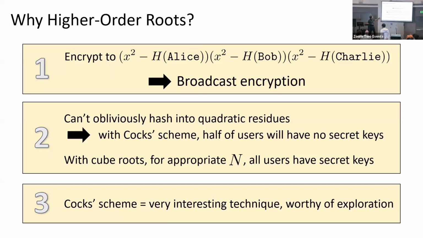Yes, you do, but this is the key word here. I glossed over that. You want to be able to obliviously hash, because if your hash function was MD5 squared, then everyone knows the square root of Alex's hash, right? Because they can just compute MD5 of Alex. Oh, yeah, thanks. I knew I was missing something, thank you.